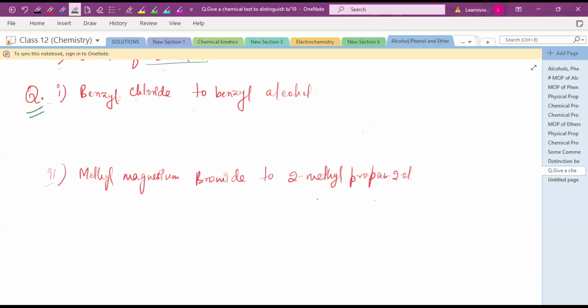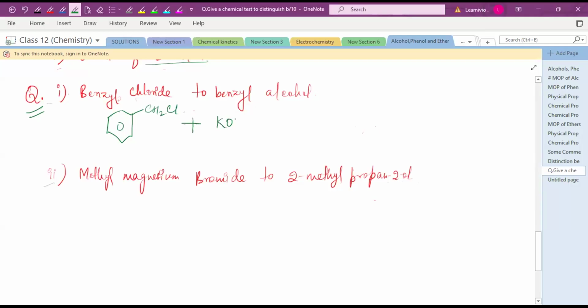Ma'am, in the first one, we will add KOH. Yes, you can use KOH or sodium hydroxide, anything. Write the proper reaction. It's benzyl chloride. Right. So it means a benzene ring with CH2Cl. This is your benzyl chloride.